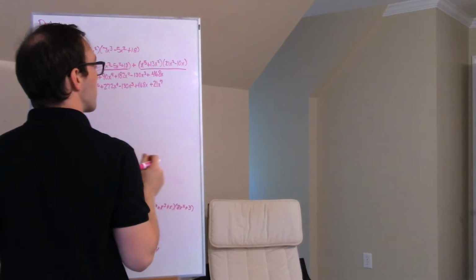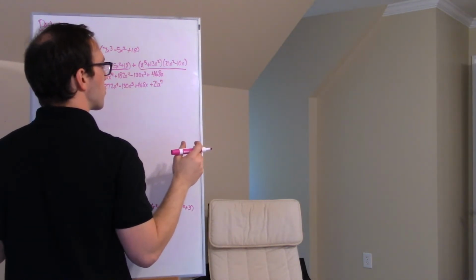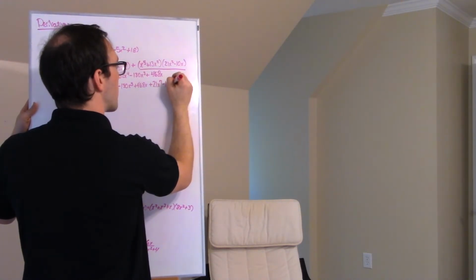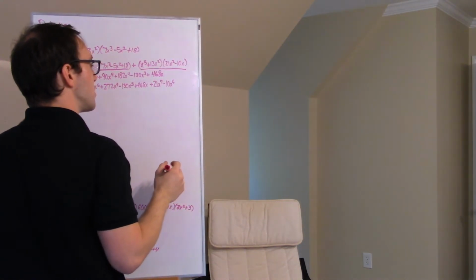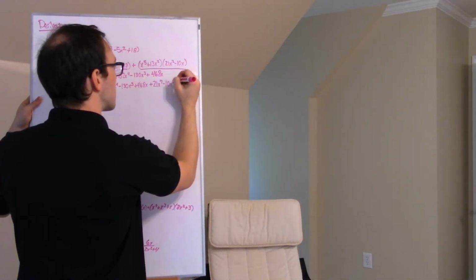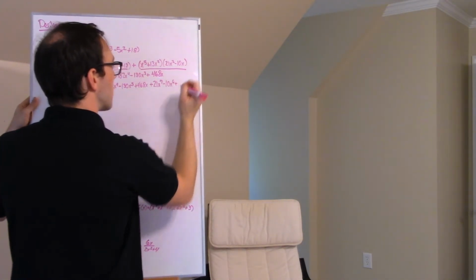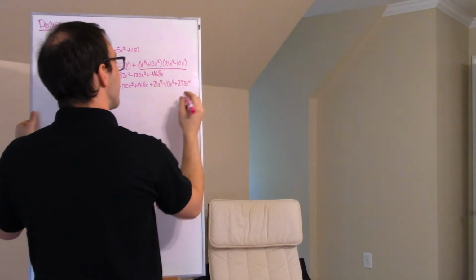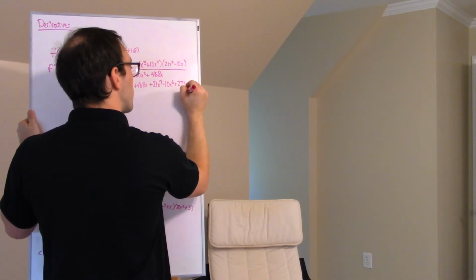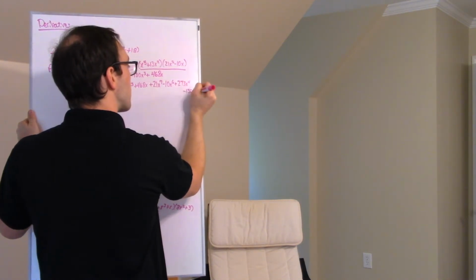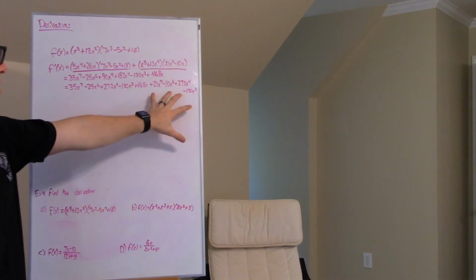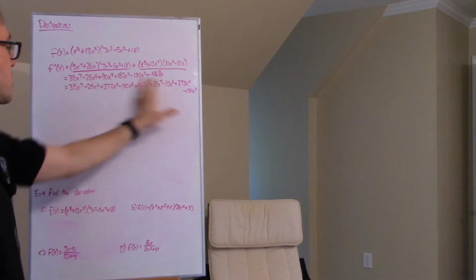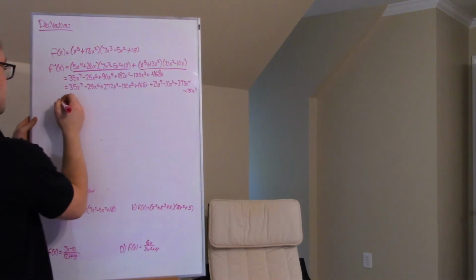So x to the 5th times 21x squared is 21x to the 7th. Negative 10x times x to the 5th is negative 10x to the 6th. Plus 273x to the 4th. And then the last one is minus 130x to the 3rd. That finishes up the last piece, and so now what we're going to do is combine our like terms and finish up the problem.